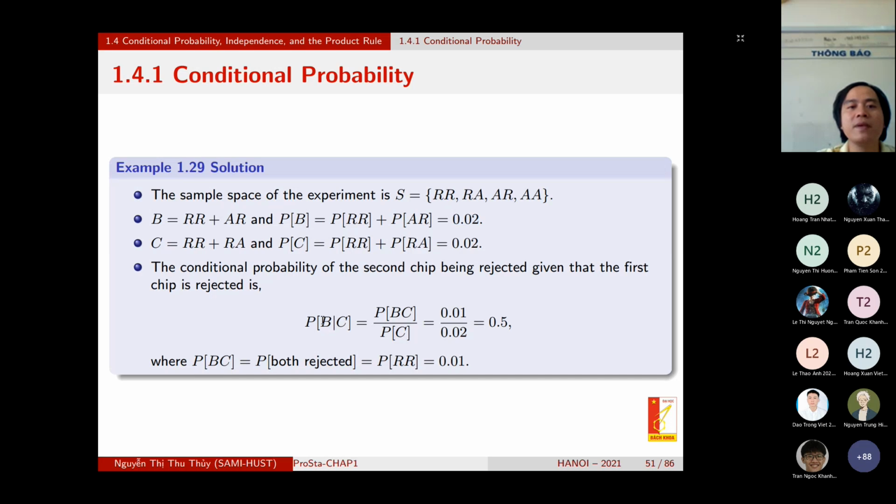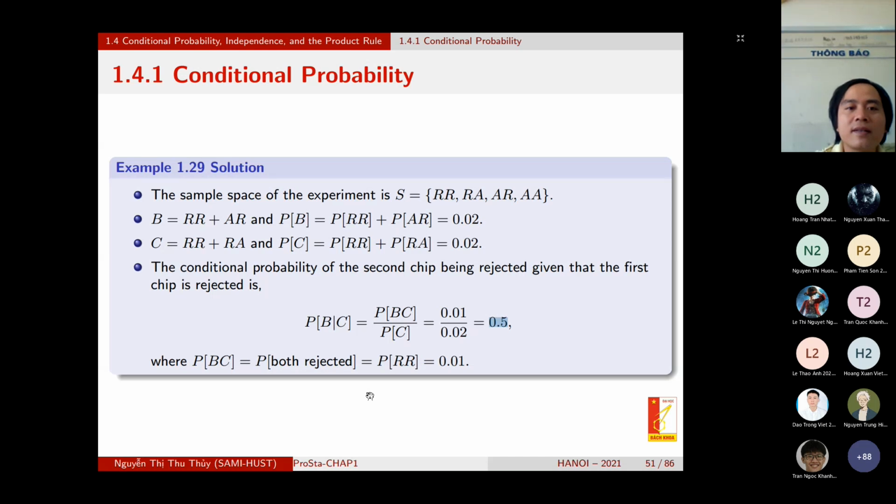That is P(B given C), and we compute it by dividing by P(C), and we get a probability equal to 0.5.